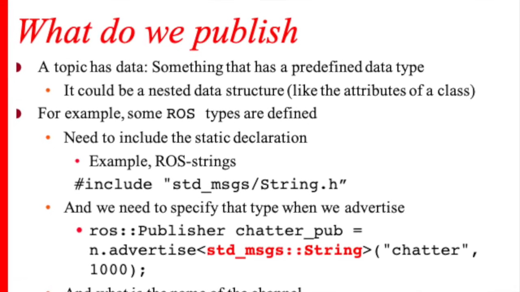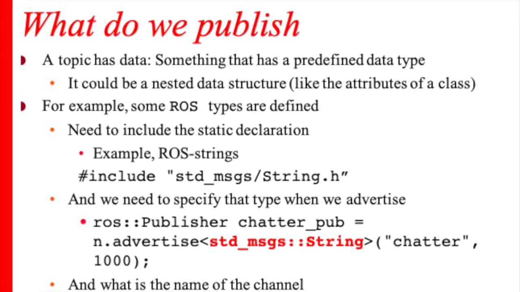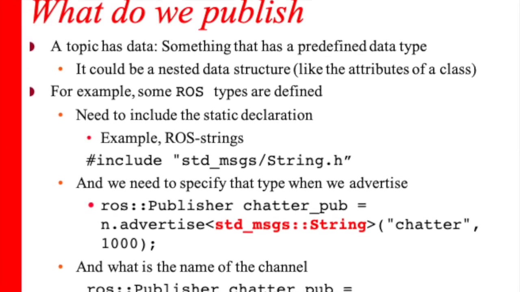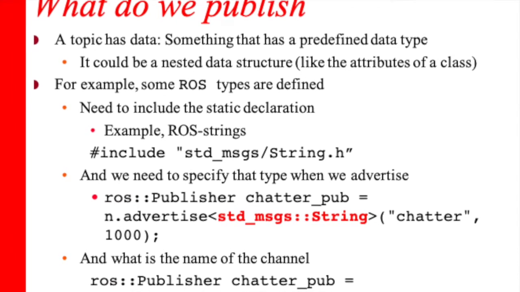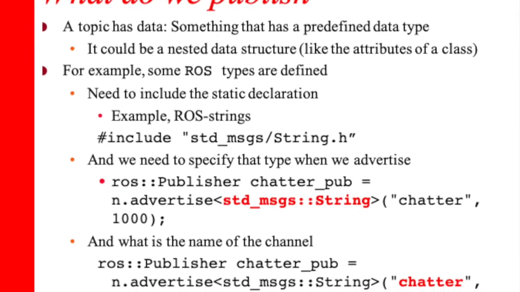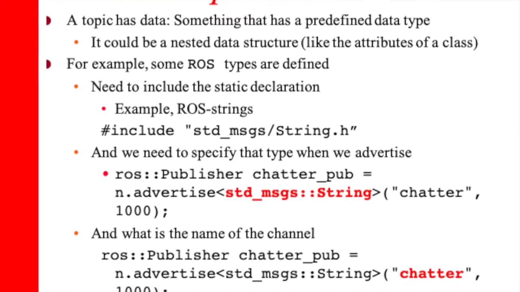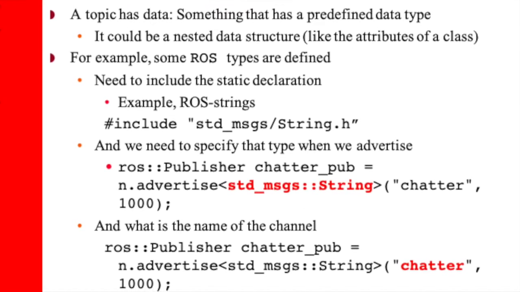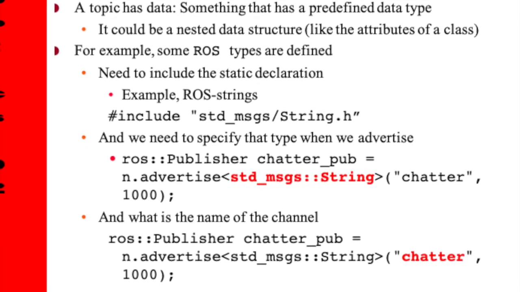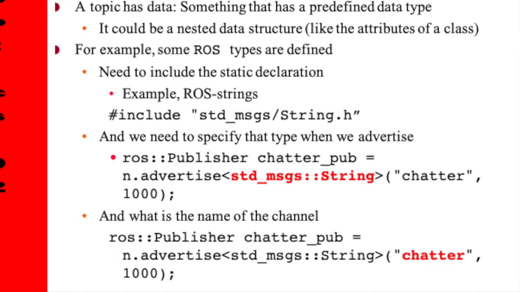ROS has predefined types. To define them at compile time, their corresponding .h file must be included, and that type is used in the constructor of the object publisher. You can publish the same type, in this example strings, into channels, so channels must also be named.